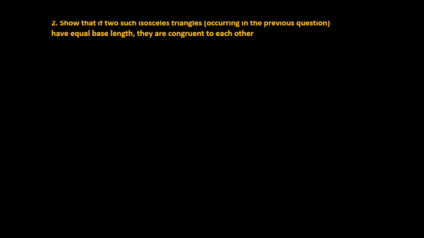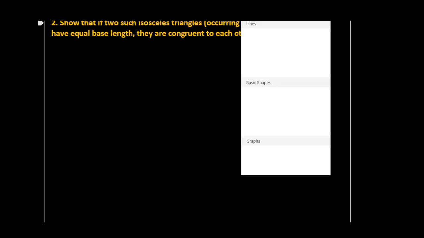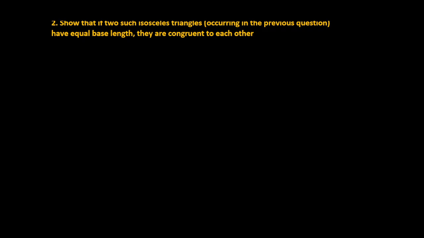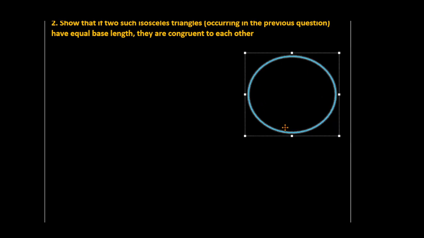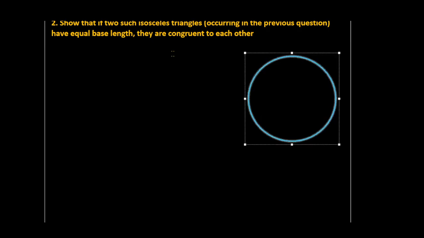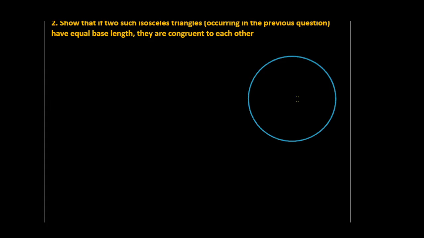Next question: show that if two such isosceles triangles occurring in the previous question have equal base length, they are congruent to each other. So if we are taking two isosceles triangles in the circle, let's take the circle. Then as usual, O is the center of the circle.